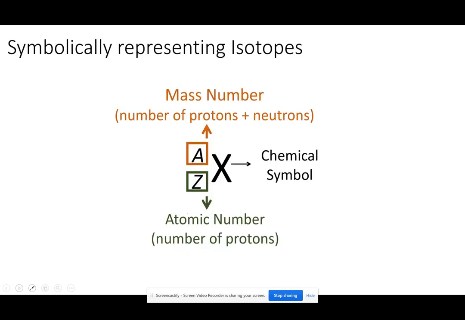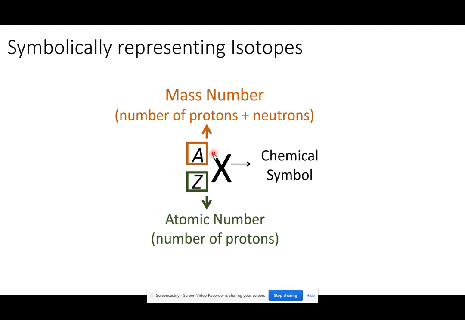Symbolically representing isotopes. What you see here is a new way to symbolize lots of information in a very condensed picture. We as chemists, as I've said before, are very lazy. So we want to do everything in numbers and symbols. We don't want to write anything out long-wise.